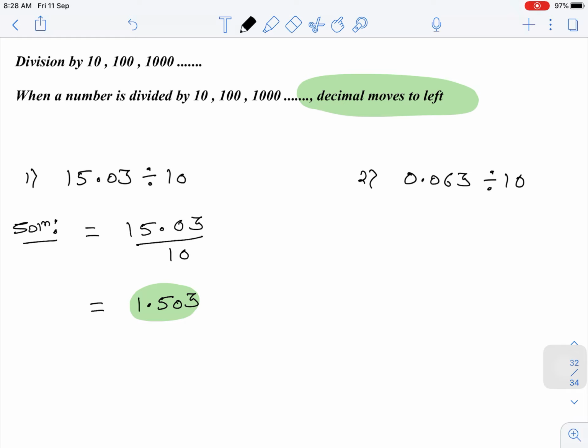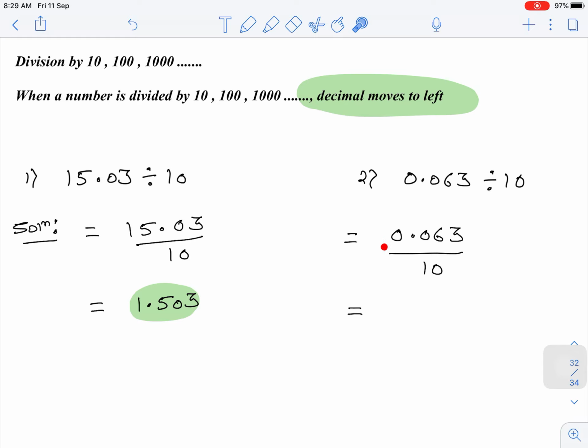In this example we have to divide 0.063 by 10. Since it is division, what is the condition? The decimal will move to the left, but how many digits?